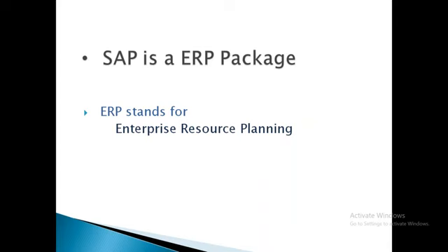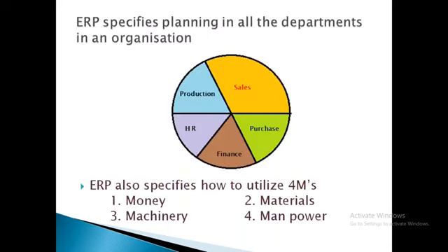ERP specifies the planning in all the departments in an organization. If you want to see the success of any organization, you require proper planning in all the departments, and that proper planning is specified in ERP. ERP also specifies how to utilize 4Ms. The 4Ms are money, materials, machinery, manpower.